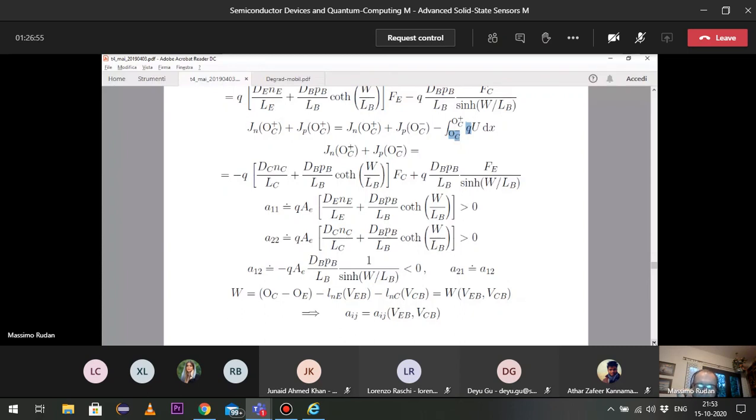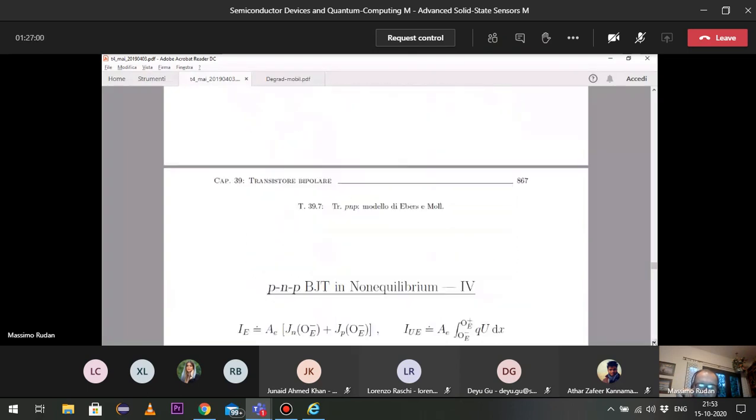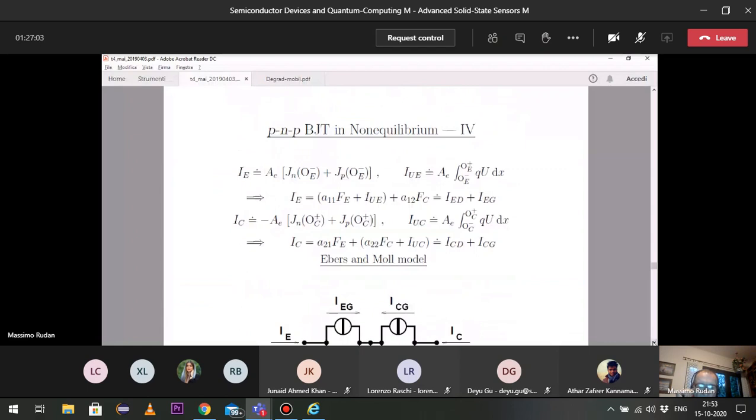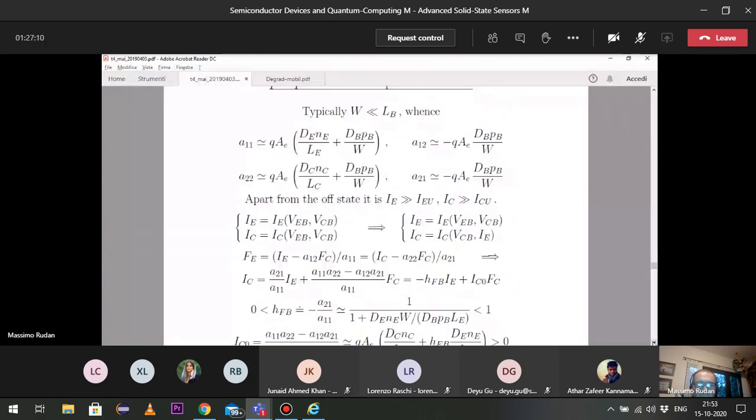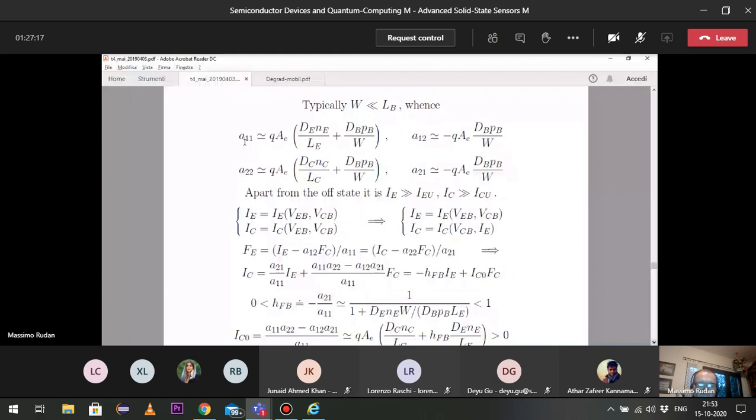So in the reasonable limit in which W is actually much smaller than LB, we have a much simpler form of the coefficients, okay? So you see we have W here instead of LB. Again, we have W instead of LB, and again here and there we have W instead of LB. Okay?